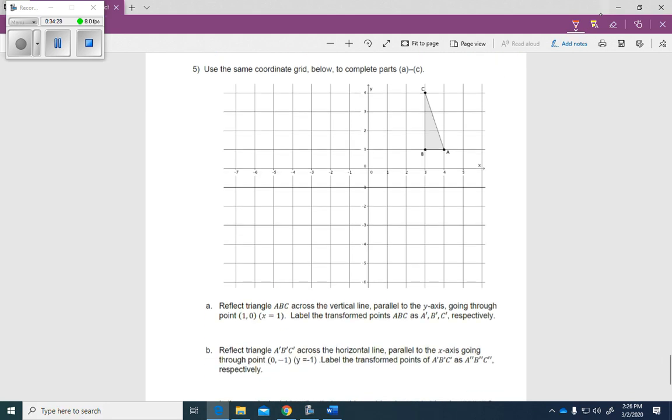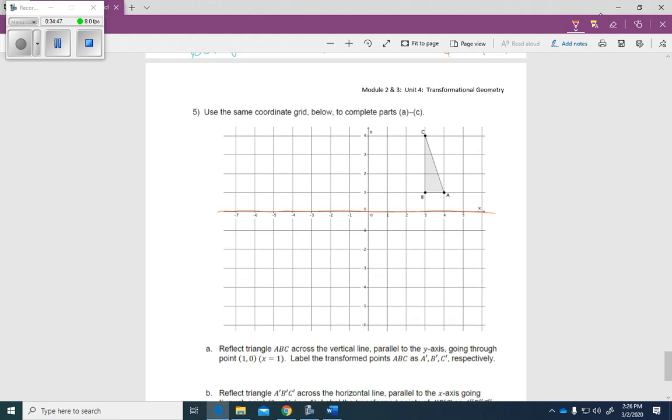Reflect triangle ABC across the vertical line parallel to the y-axis going through the point 1, 0. I'm just going to darken in my x-axis and y-axis. It's not standing out to me. So my x-axis and y-axis are in orange.